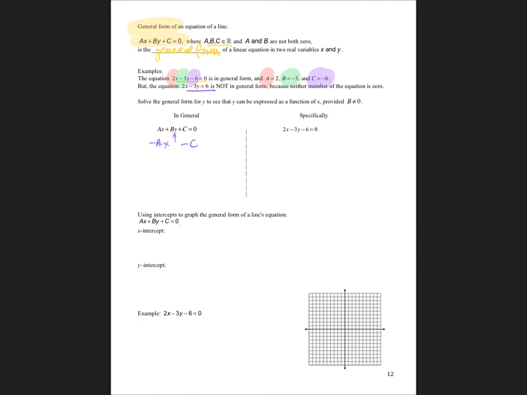So if I subtract those from both sides, that's going to give me by equals negative ax minus c, and then I'm going to divide by b. I'm just solving for y in the general form.